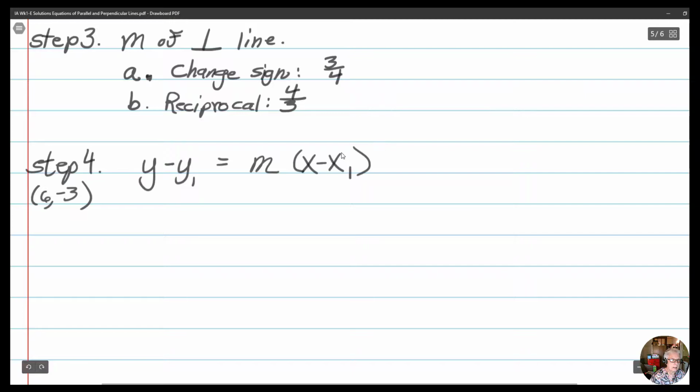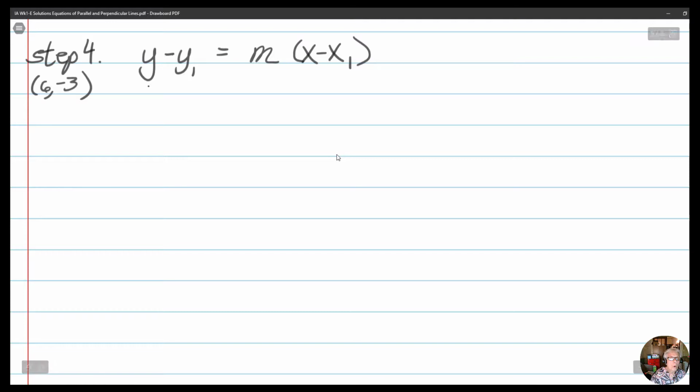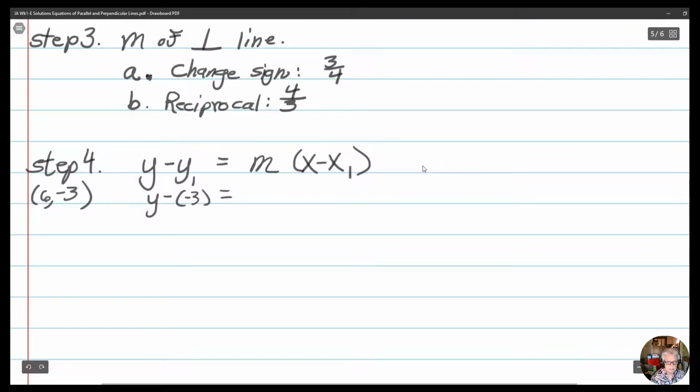And double checking. y minus negative 3 equals 4/3 times x minus 6. y plus 3 equals that 3 over 1 times 4 over 3 times x minus 6.